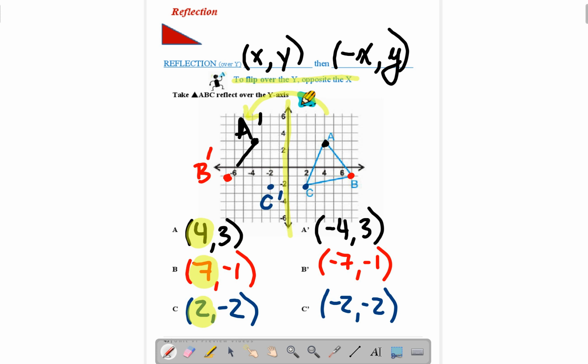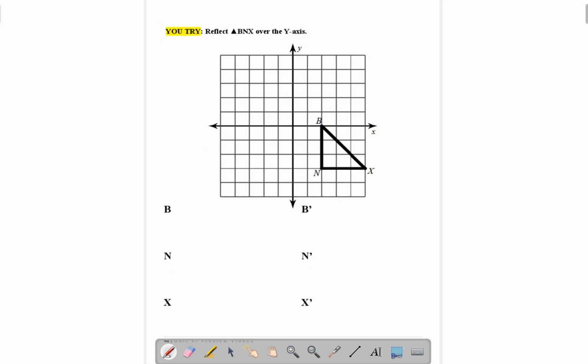And you can see that your triangle has been reflected over the y-axis. So to flip over the y, opposite the x. You do this page, same coordinates from before.